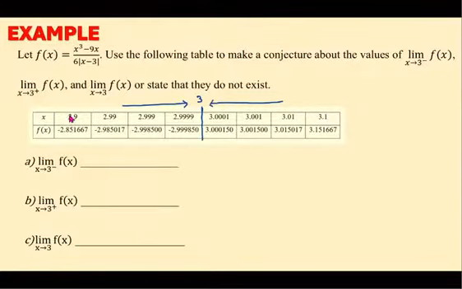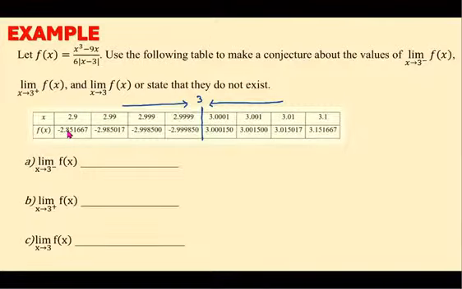If you plug in 2.9 into this function, like 2.9 cubed minus 9 times 2.9 over 6 times the absolute value of 2.9 minus 3, we get this one. So that is how those numbers are calculated. If you look at this table carefully, as we approach closer and closer to 3, the function values are changing.